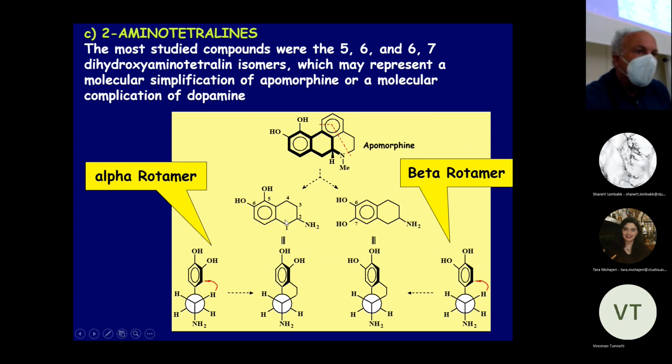You can see on your left the chemical structure corresponding to the trans-beta alpha rotamer, and on your right, the trans-beta beta rotamer.